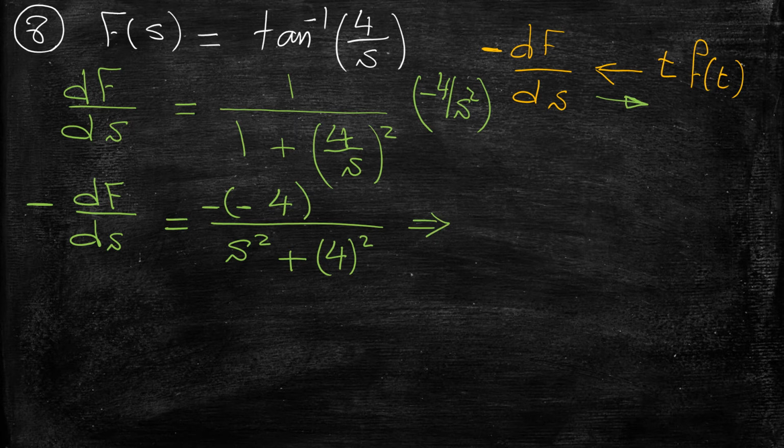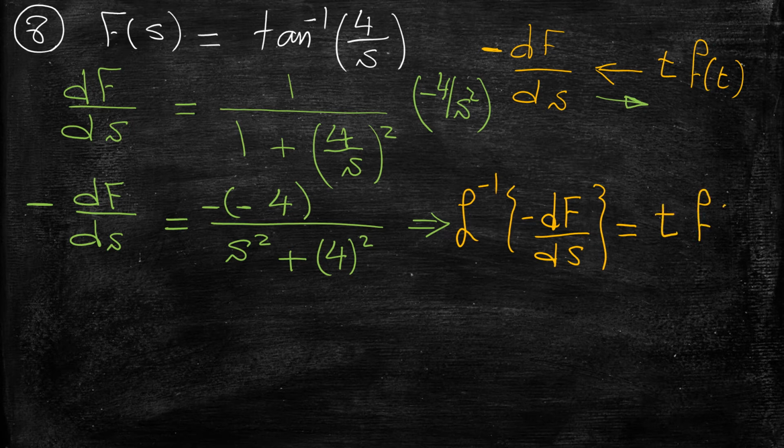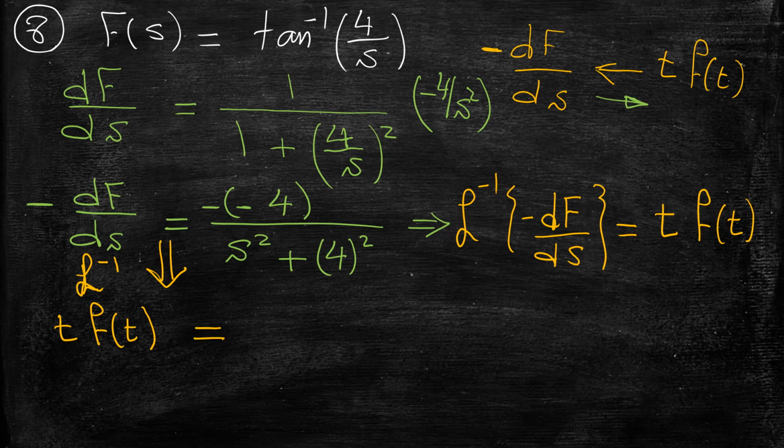So what about returning back to the properties? The Laplace inverse of this minus dF by dS, as we put outside, is nothing but t multiplied by the original function f of t. So if we take the Laplace inverse here, this will be t multiplied by f of t, and the right-hand side will be 4 over s squared plus 4 squared, which is sine 4t from the table.